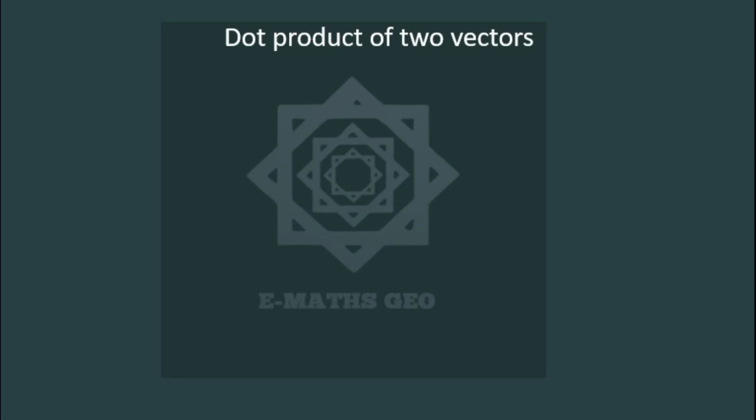Okay, we're on dot product of two vectors. So you might be given two vectors and you're asked to find their dot product.